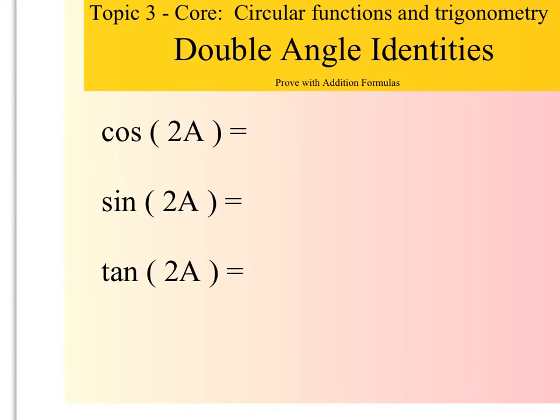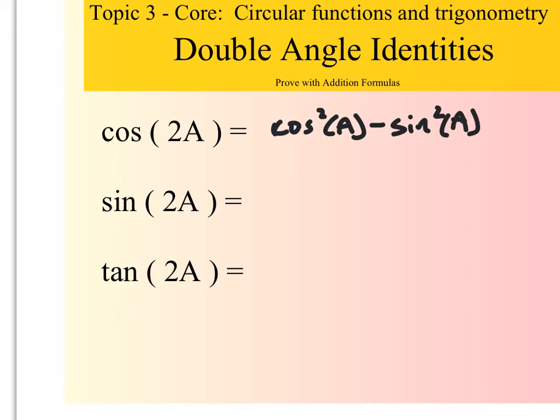Okay, so double angle identities. We know this. Cosine of 2 alpha, we talked about this earlier, is cosine squared A minus sine squared A. Okay, it actually has two alternate forms.